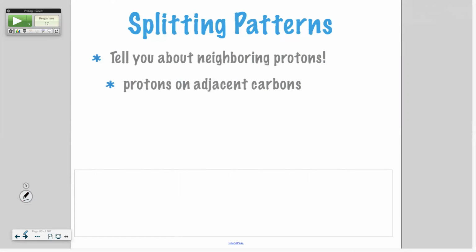The carbon that has the hydrogen on it next to you, that hydrogen at any given time could be aligned or unaligned with the magnetic field. Just one hydrogen, so there's one possibility, aligned or unaligned. I guess technically that's two. If it's aligned with the magnetic field, it's going to add a little bit.